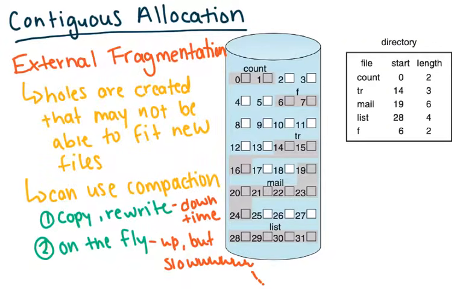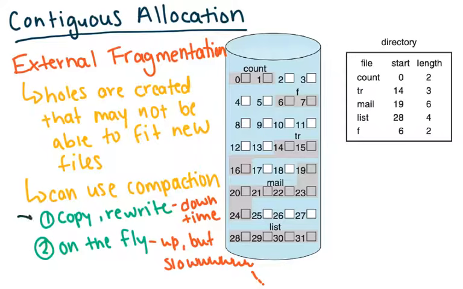External fragmentation, so these holes that are created that are not able to fit new files, we can use compaction to actually compact them down so they become bigger holes that we can actually fit files into. You can do this in two ways.